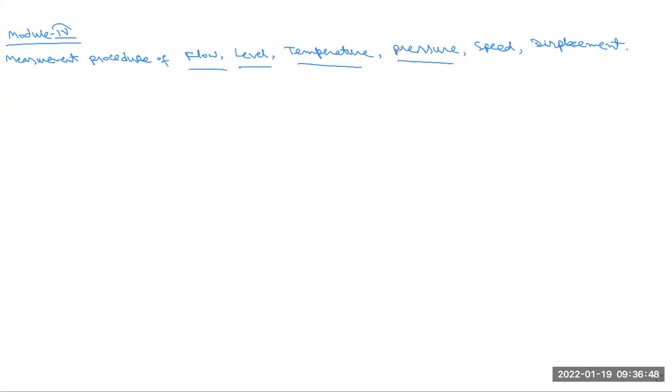There are also other direct measurements: speed measurement, displacement measurement, humidity measurement, viscosity measurement, etc. These are other topics available, and we will also discuss them shortly in our next classes. First of all, we have to start with flow measurement.